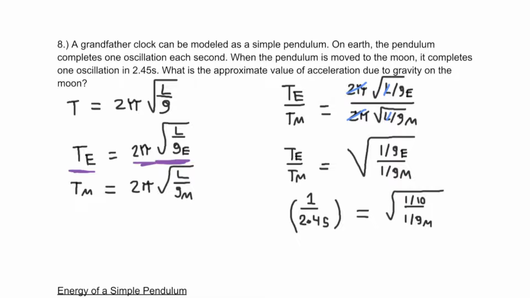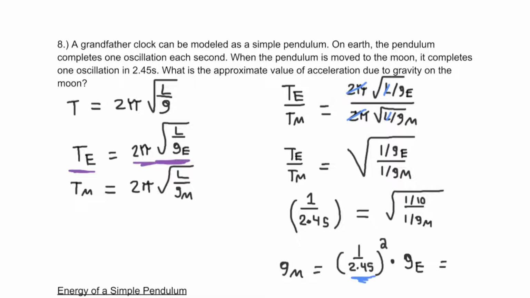So after squaring and rearranging, we get g on the moon is going to be equal to 1 divided by 2.45 quantity squared times g on the Earth, which is approximately equal to g on Earth divided by, sorry, divided by 6.